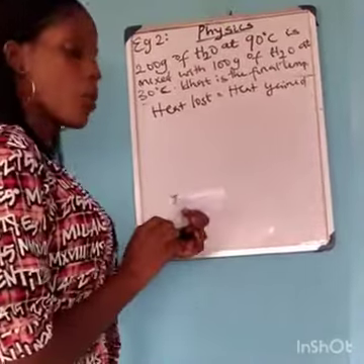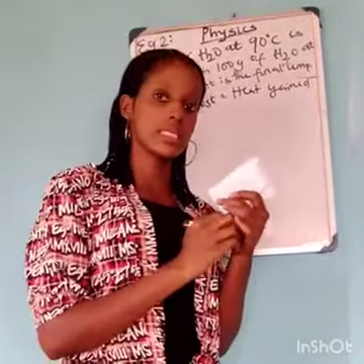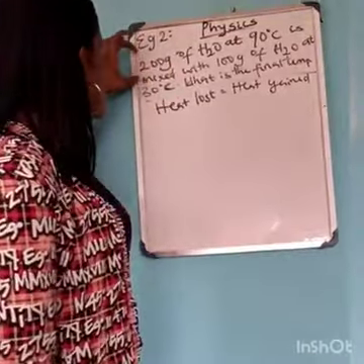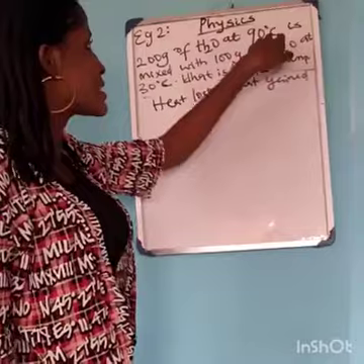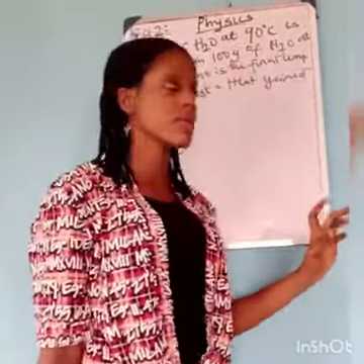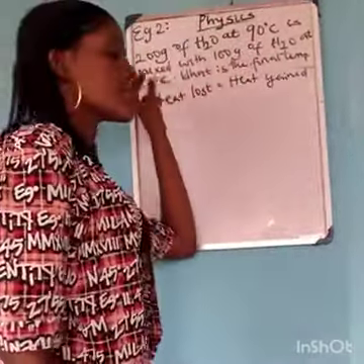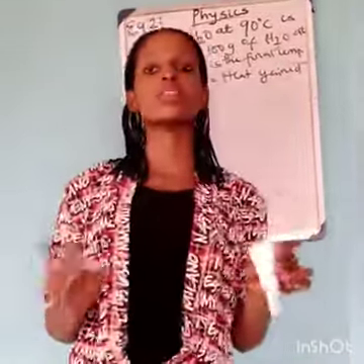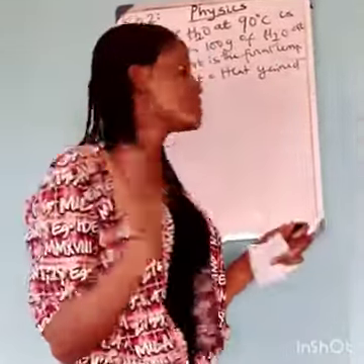Remember, the one at the higher temperature loses heat, while the other gains heat. Therefore, the 200 grams of water at 90 degrees Celsius is the one losing heat, while the one at 30 degrees Celsius is the one gaining heat. Our interest now is to find the final temperature.